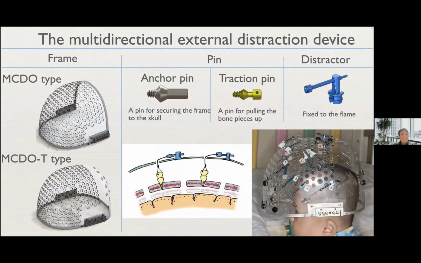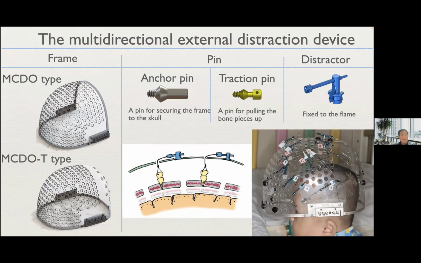The multidirectional external distraction device is composed of a transparent plastic frame, anchor pins for securing the frame to the skull, traction pins for pulling the bone pieces up, and the distractor fixed to the frame.